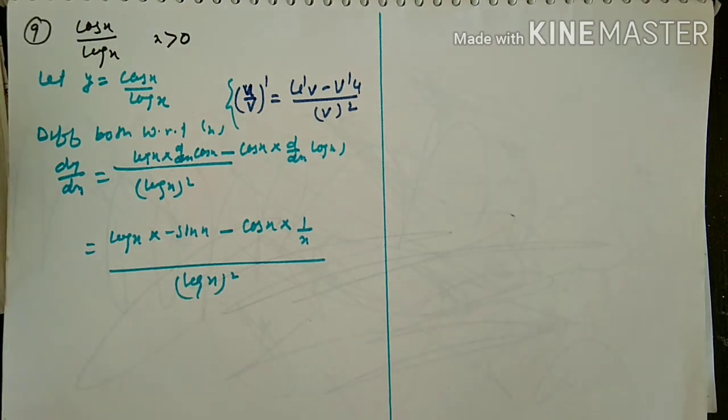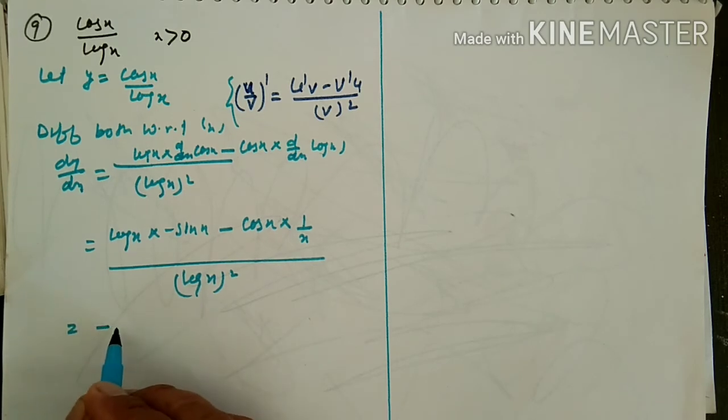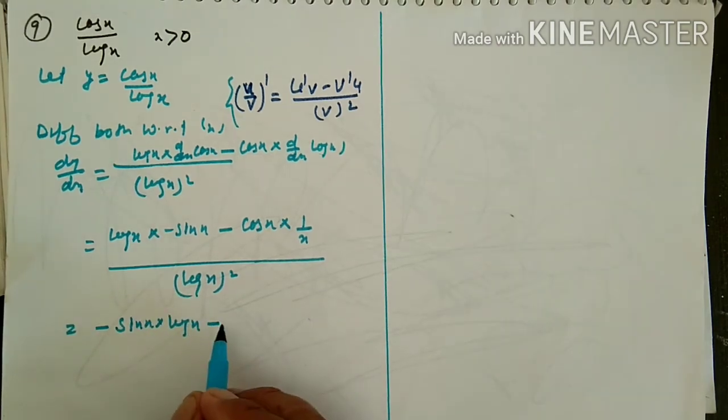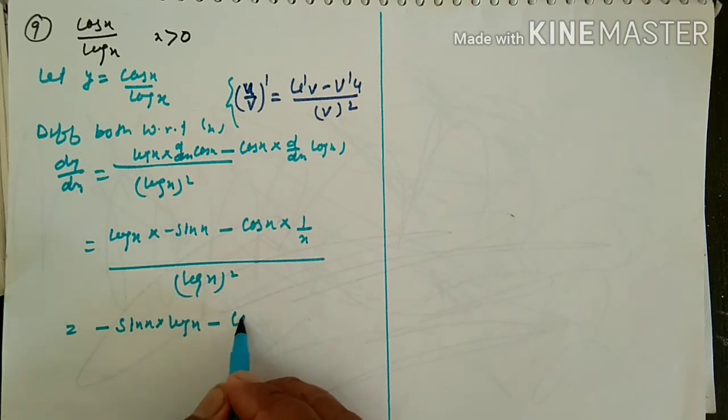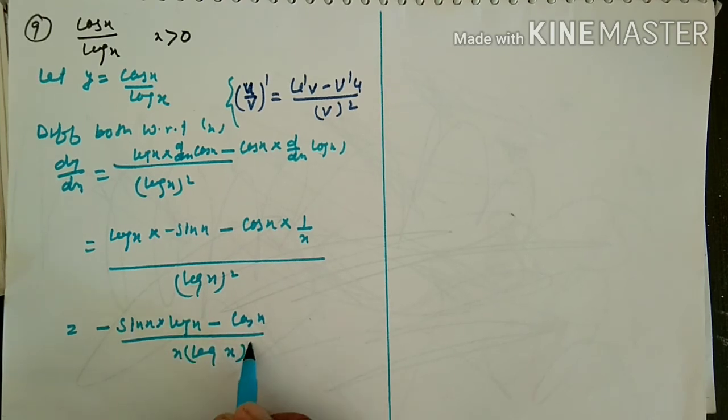So now next we can arrange them. So minus sin x log x minus cos x upon x, over log x whole square.